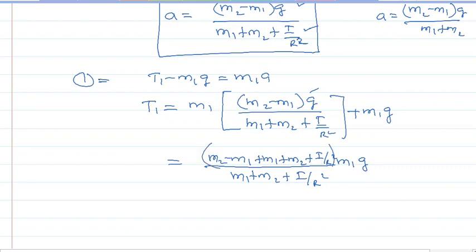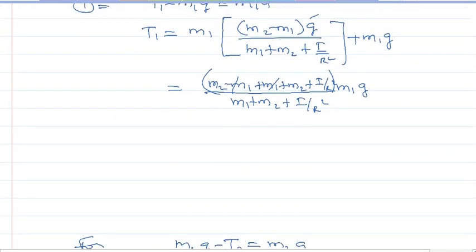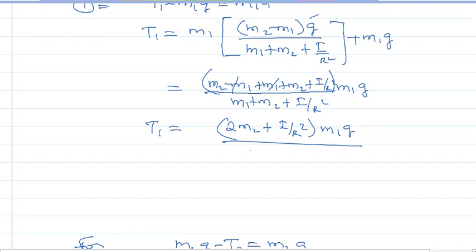If you observe, minus m1 plus m1 cancel out, we are going to get T1 as (2m2 plus I by r square) m1g divided by (m1 plus m2 plus I by r square).